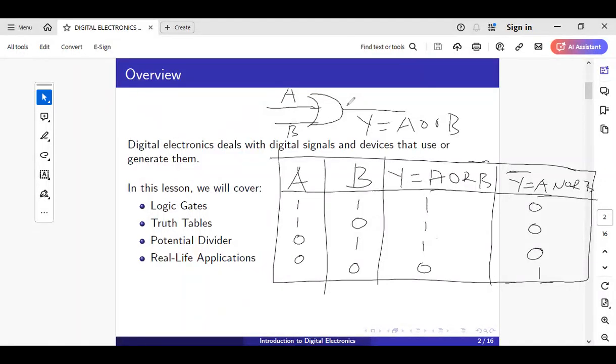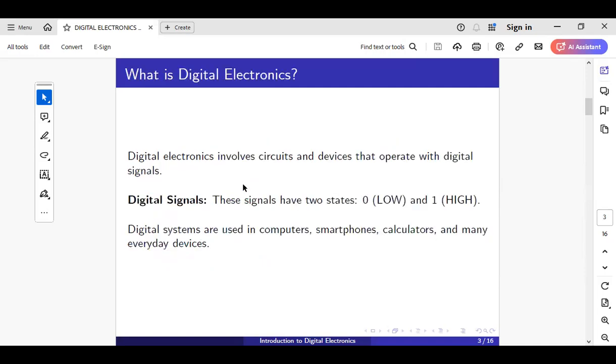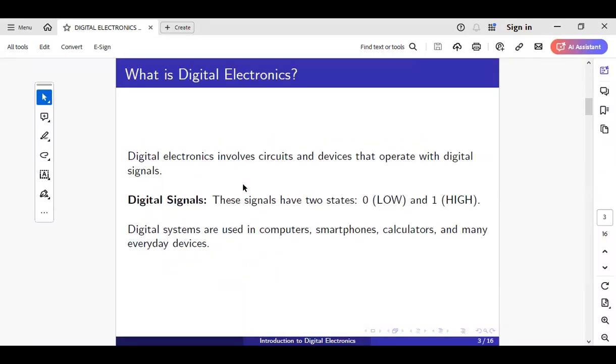Okay. These are our digital electronics: logic gates, truth tables, potential divider, and real life application. We said digital signals deal with 2 states, low and high. Low can be 0, high can be 1.